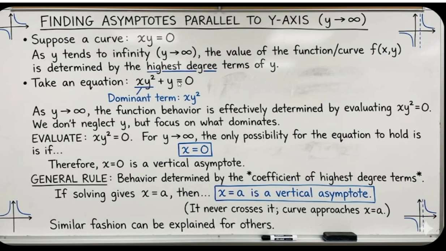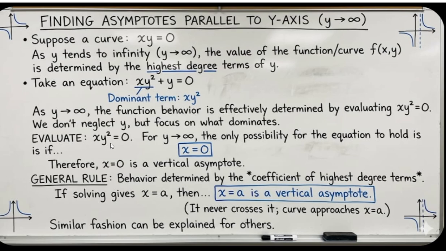It is the same equation, with two unknowns: if you know one value, y tends to infinity, then you have to find the value of x. Since the dominant term in this equation is xy², I can say evaluate xy² = 0 for y tends to infinity. That's all. It is the same as finding, as y tends to infinity, the value of x.